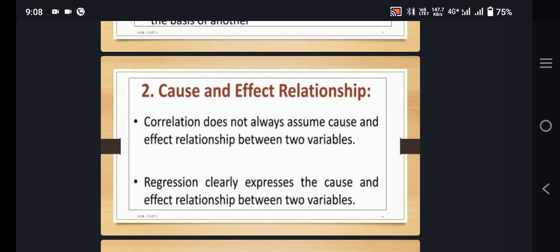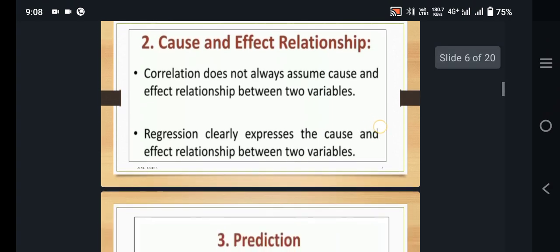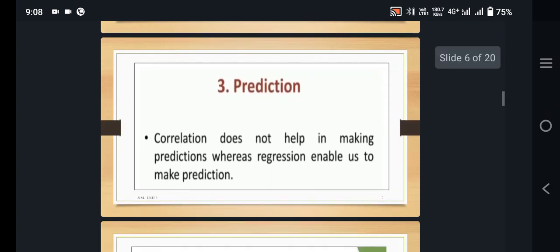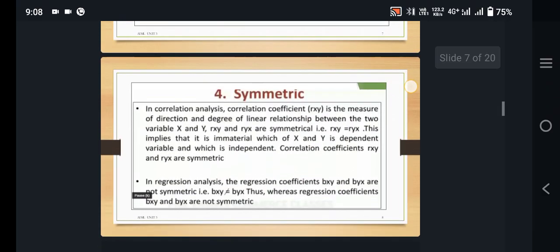Correlation does not always assume cause and effect relationship between two variables, but a regression clearly explains the cause and effect relationship between two variables. Third difference is prediction. Correlation does not help in making predictions, whereas regression enables us to make predictions.